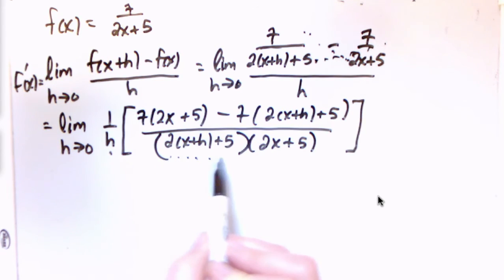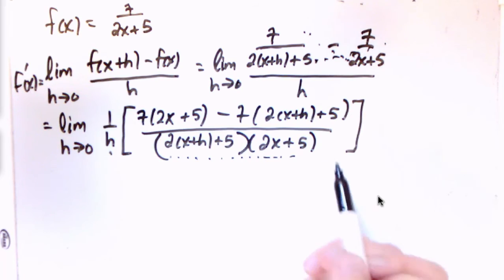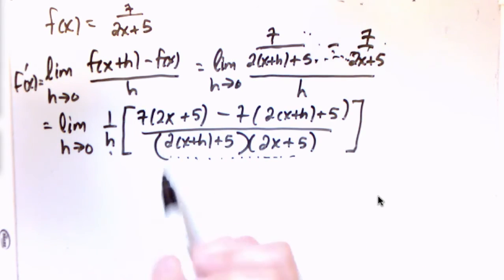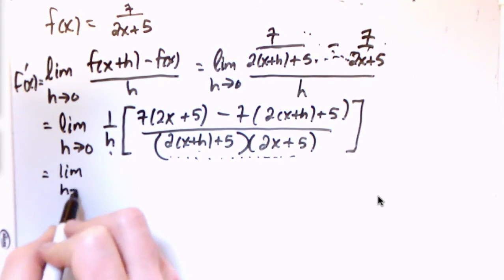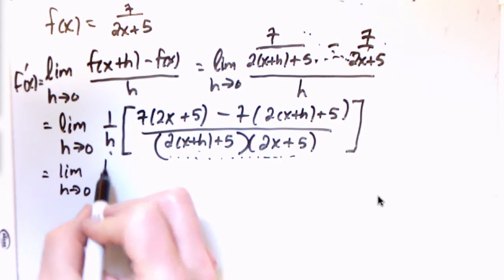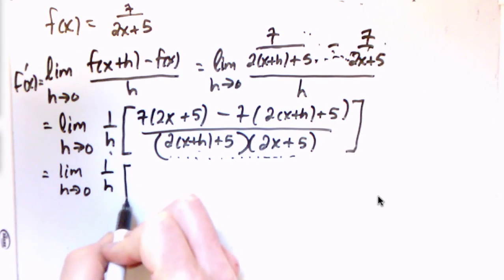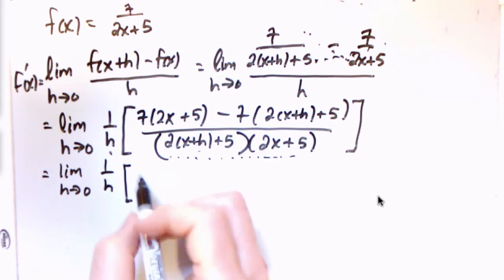I'm not going to focus any attention down here until later if I need to, because once I cancel out that h, I can merely evaluate by direct substitution. This h here isn't going to present us any difficulties whatsoever. So don't expand, that's a waste of energy. Don't expand the denominator. The numerator is a different story.